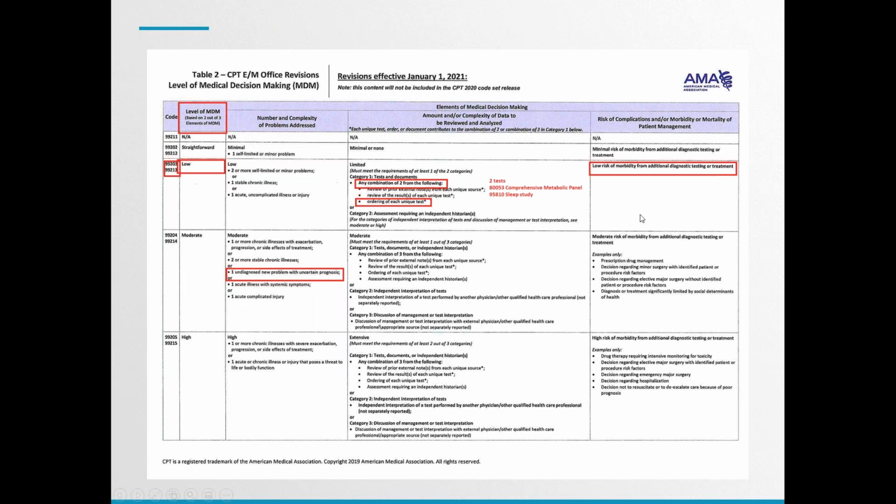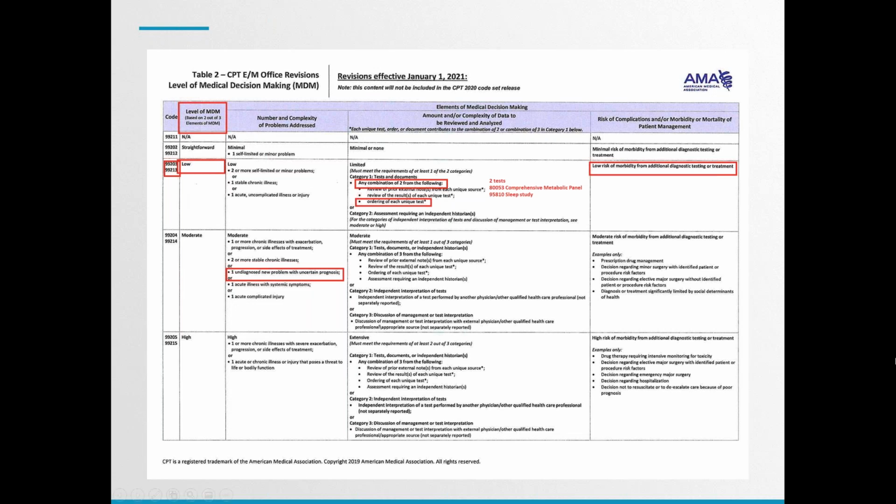And his decision for this patient was to give him some over-the-counter medication and then to come back when those tests are done so he can make that decision. It's the best 2 out of 3. So this would be a 99203 if it were a new patient, or a 99213 if it was established.